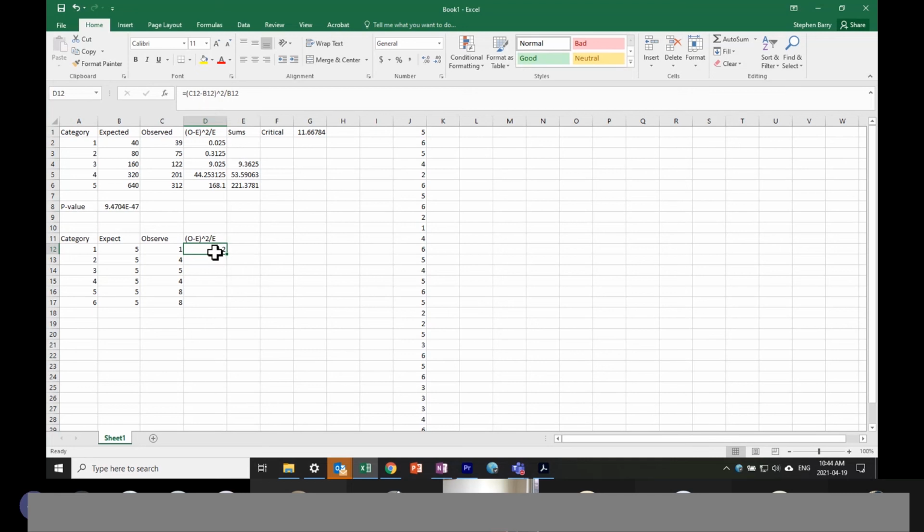So 3.2, that's not too bad. So why is this not any more significant? Because I didn't roll it a lot. I was expecting 5, I get 8. My total sample size here is only 30. So the weirdest one, as you would expect, is the first one. This one's really weird, 5 and 1. I didn't get a lot of 1s, but that gives me a chi-squared value of this.